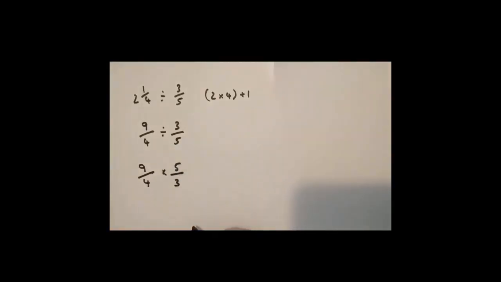To cancel down, 3 goes into 3 once and 3 goes into 9 3 times. That leaves us with 3 over 4 multiplied by 5 over 1, which gives us 15 over 4. And if we change that into a mixed fraction, we can get 3 complete sets of 4 out of 15, with 3 left over. So that's 3 3/4.